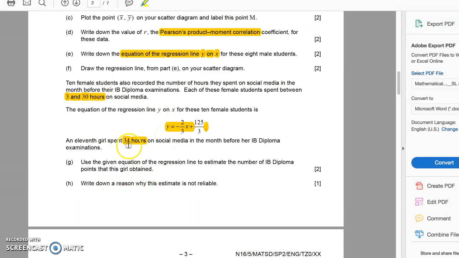And what's the reason? Well, she spent too many hours, and the number of hours are outside of the range. It is an extrapolation. So this line may not be reliable at all, because I haven't looked at this data.